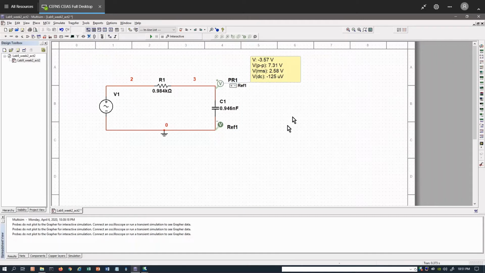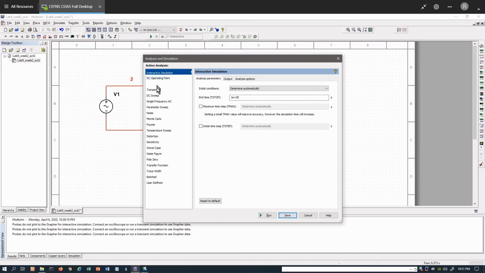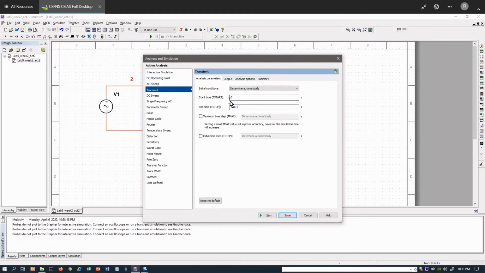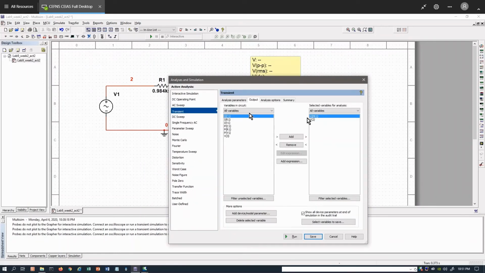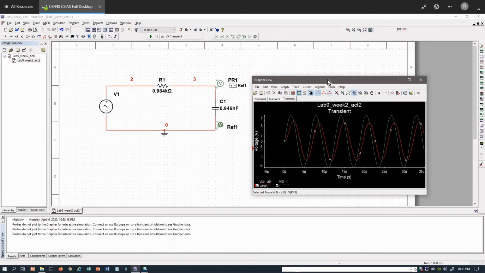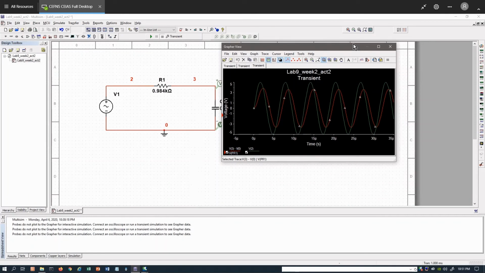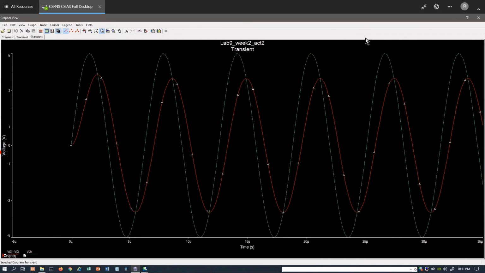So basically, if you measure the voltage across the capacitor using an oscilloscope, you will visualize something that looks like this. I'll change the simulation to transient simulation, and already the output is defined as the capacitor voltage and the source voltage. So if we're doing this on a real circuit, we will visualize something like this.